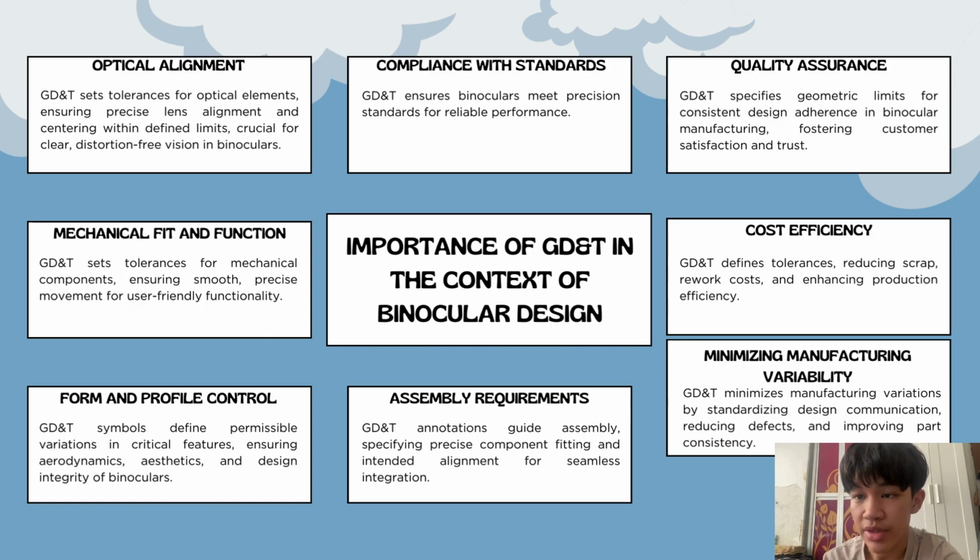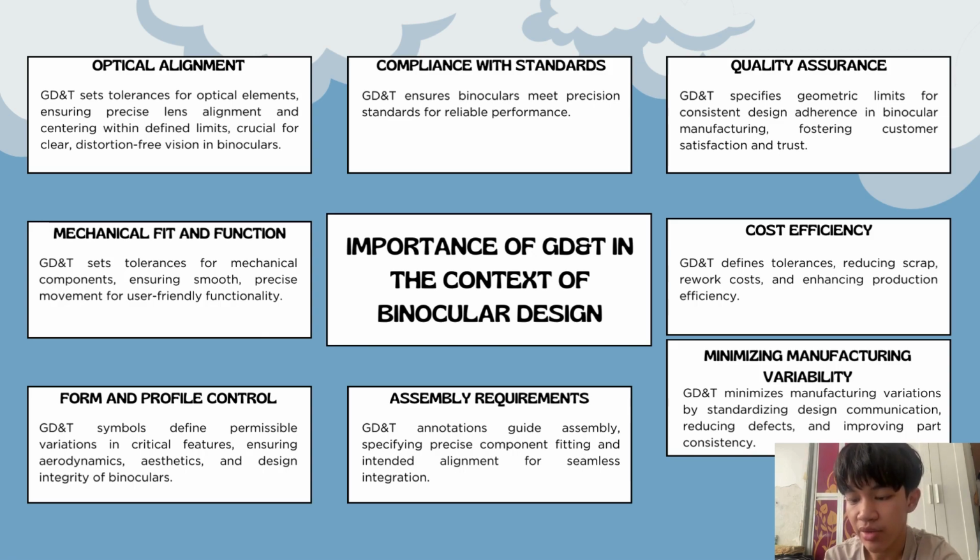GD&T sets tolerances for mechanical components, ensuring smooth, precise movement for user-friendly functionality. And the third point is form and profile control. GD&T symbols define permissible variation in critical features, ensuring aerodynamic, aesthetic, and design integrity of the binocular.